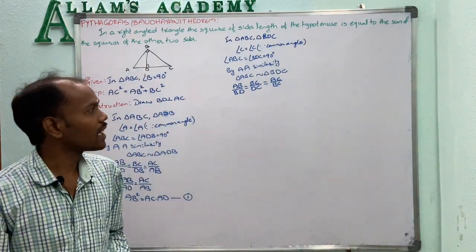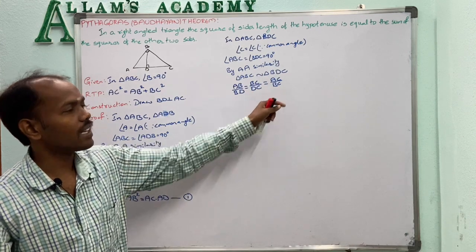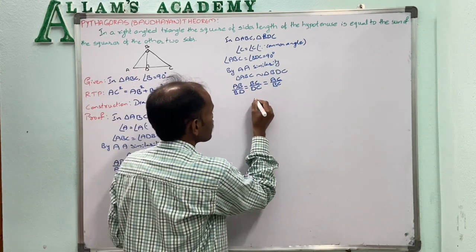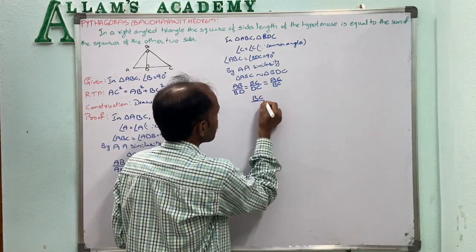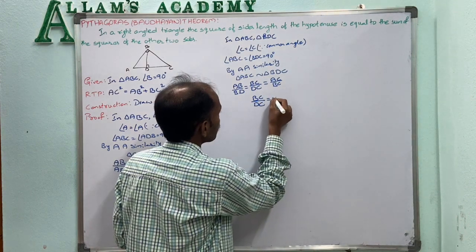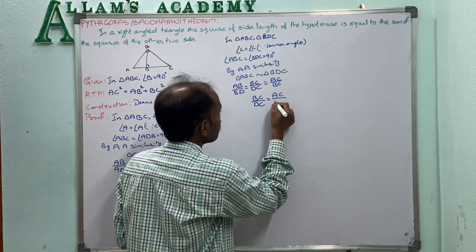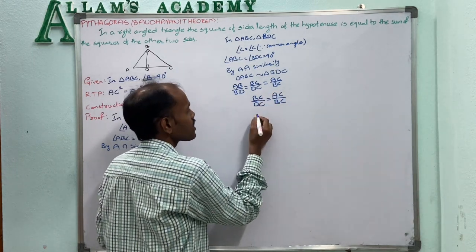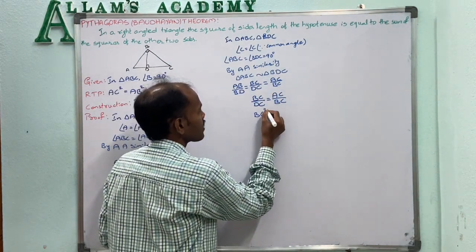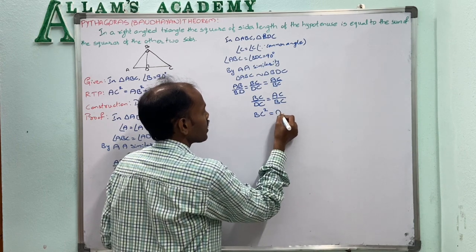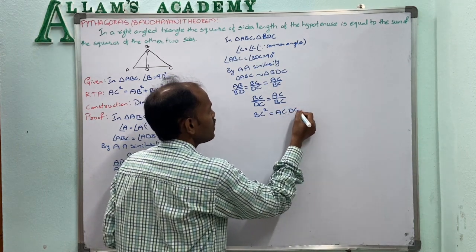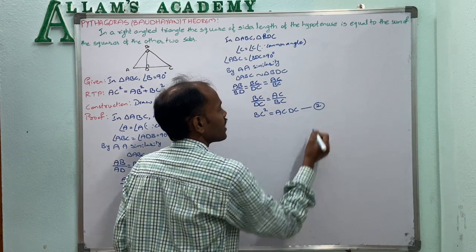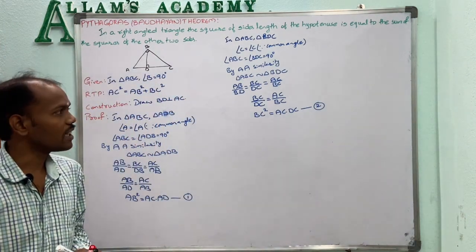Now if we take the second ratio and the third ratio, that is BC by DC equals AC by BC. By cross multiplication, BC into BC, that is BC square, equals AC into DC. Now we take this as the second equation.